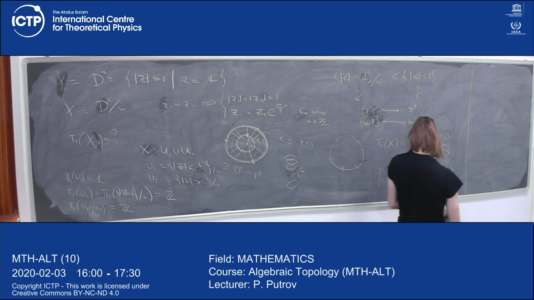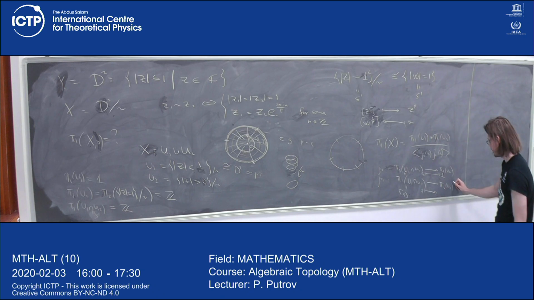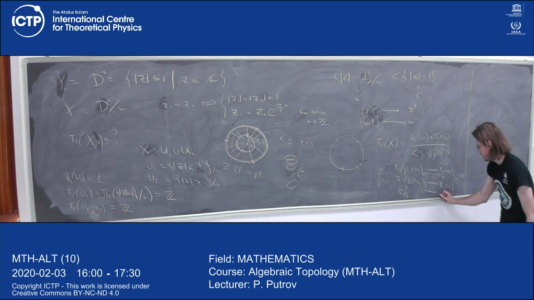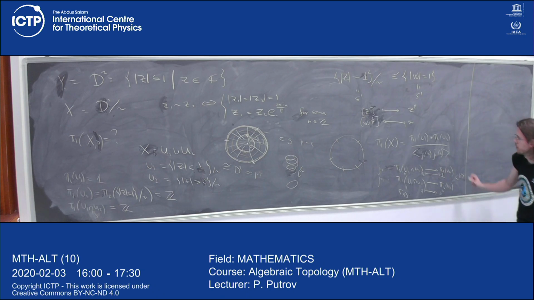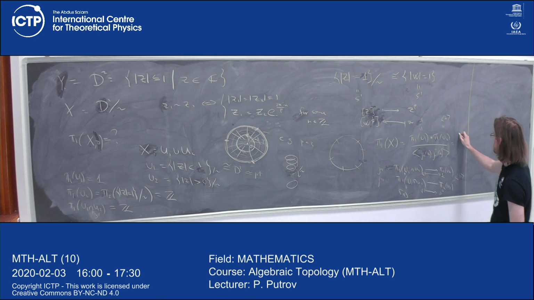So this A, if let's say this is generated by some B, A will go to B cubed. This is trivial, and this is generated by B, so we get a group.